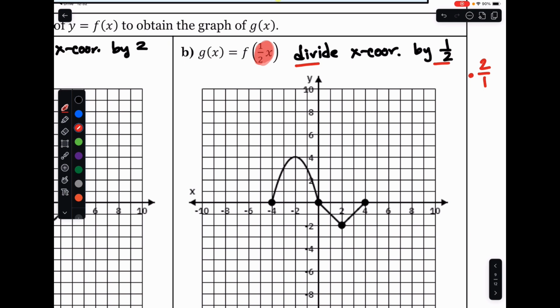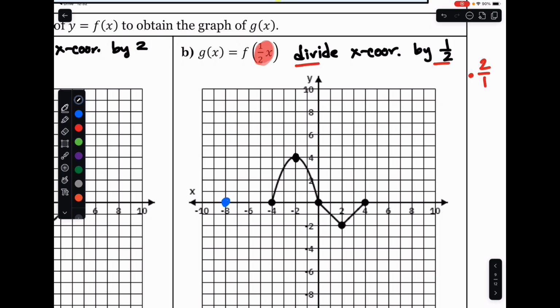If I look at these coordinates, -4 is the coordinate right here. Dividing that by 1/2 is going to become -8. This coordinate up here has an x coordinate of -2.